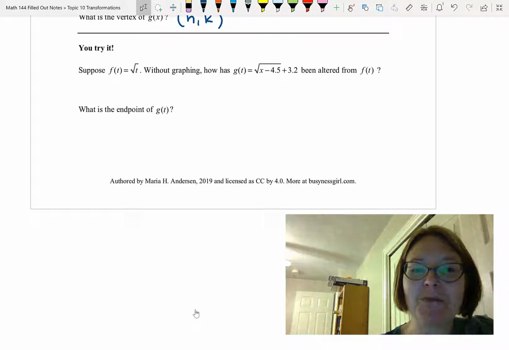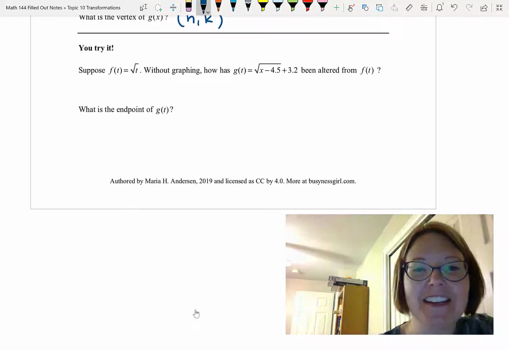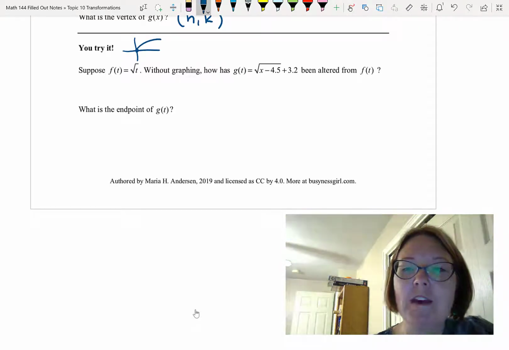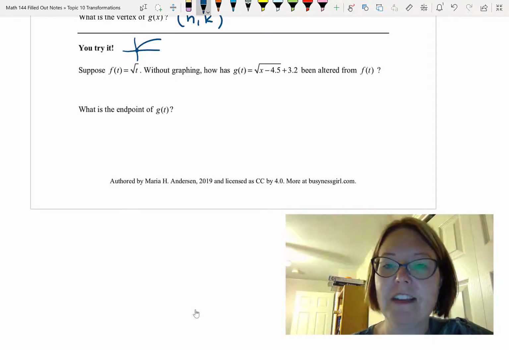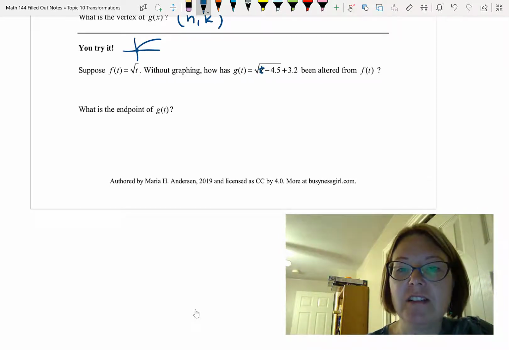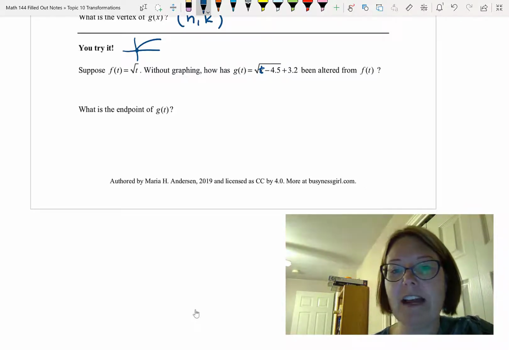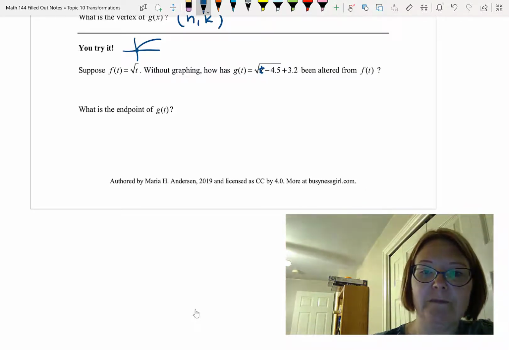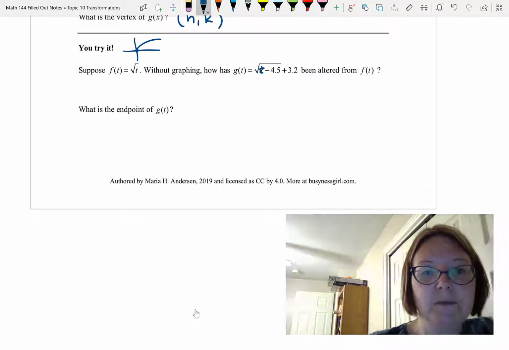Let's suppose we start with f of t equals the square root of t. This would be a square root function with an endpoint at 0, 0 going up. Without graphing, how has g of t equals the square root of t minus 4.5 under the square root, plus 3.2 on the outside, been altered from f of t? Well, what we've done is we've taken f of t, and instead of t, we replaced it with t minus 4.5.